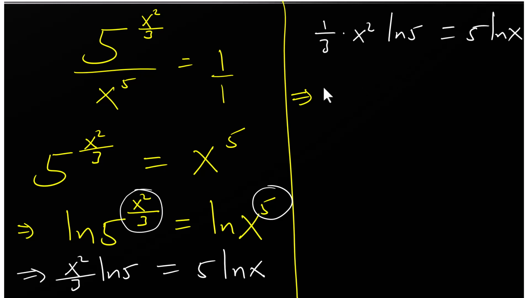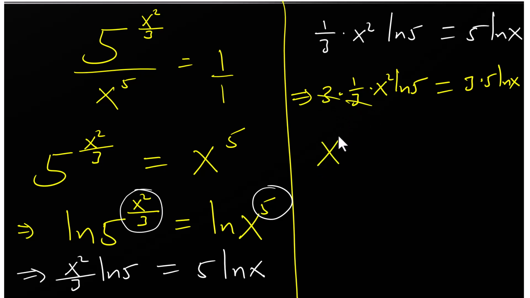So we have 3 times 1 over 3 times x squared ln of 5 equals to 3 times 5 ln of x. So this one will cancel. I will leave it x squared ln of 5 equals to 15 ln of x.